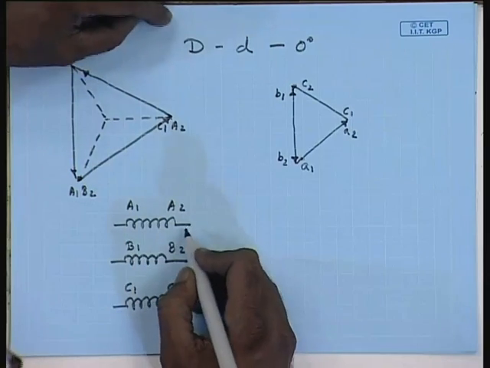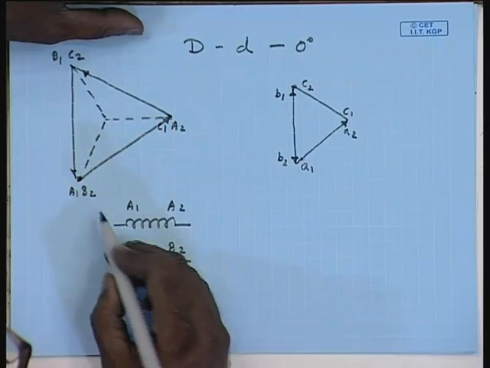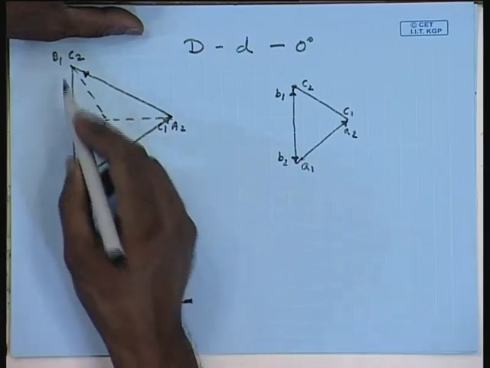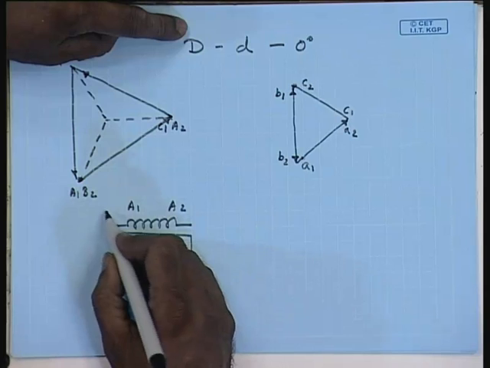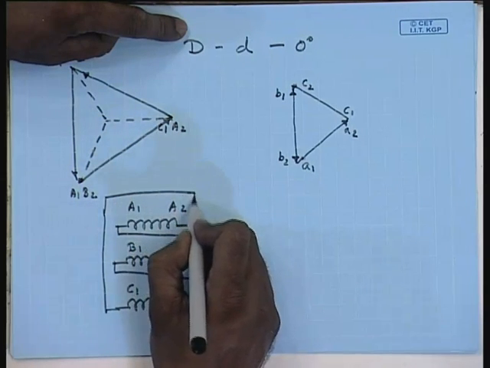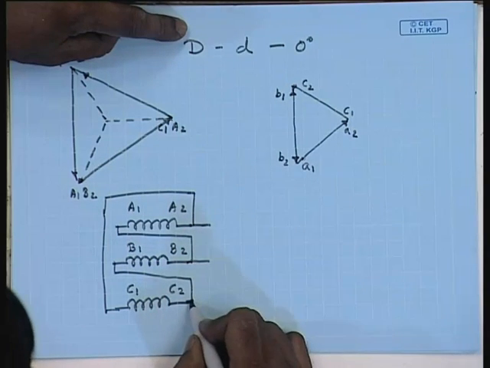Connections are made by connecting A1 to B2, B1 to C2 and C1 to A2. And the supply is given to A2, B2, C2.